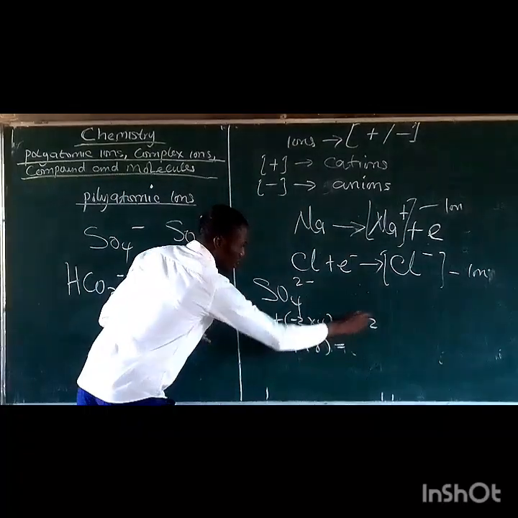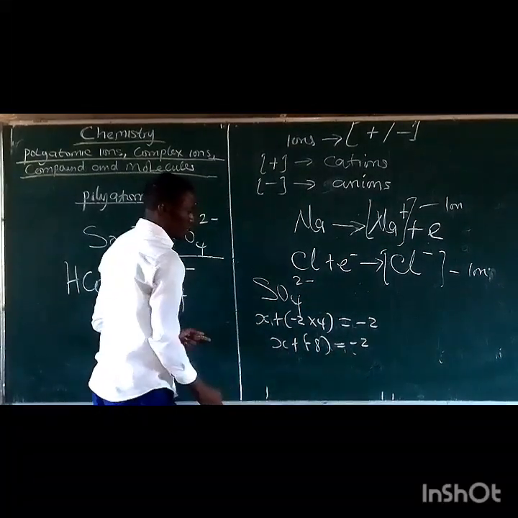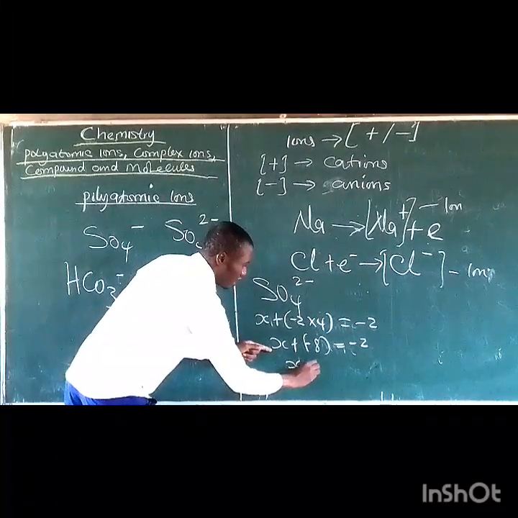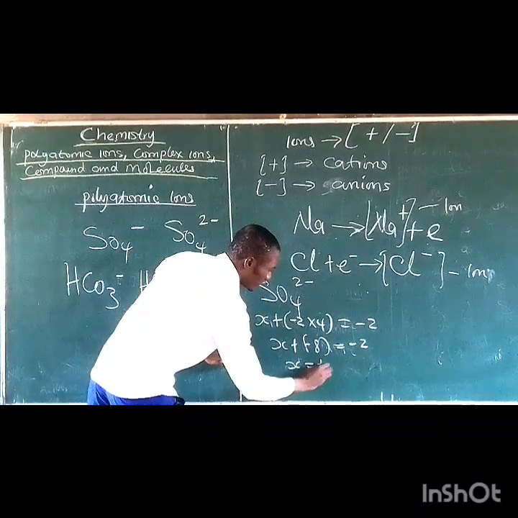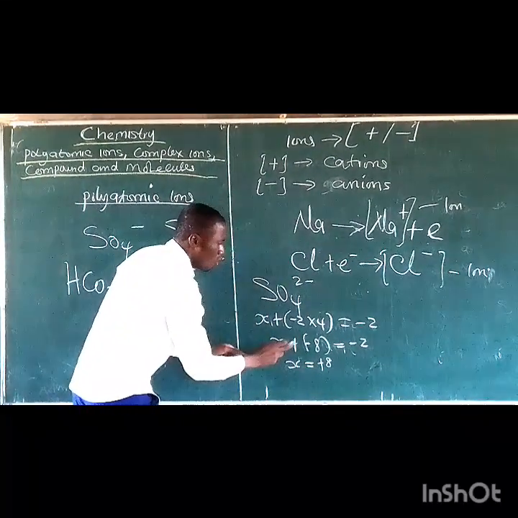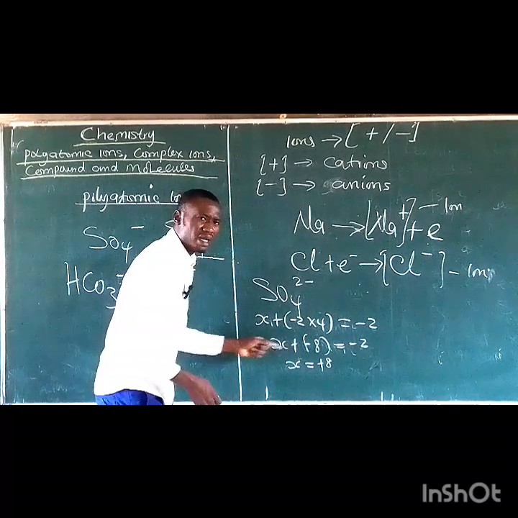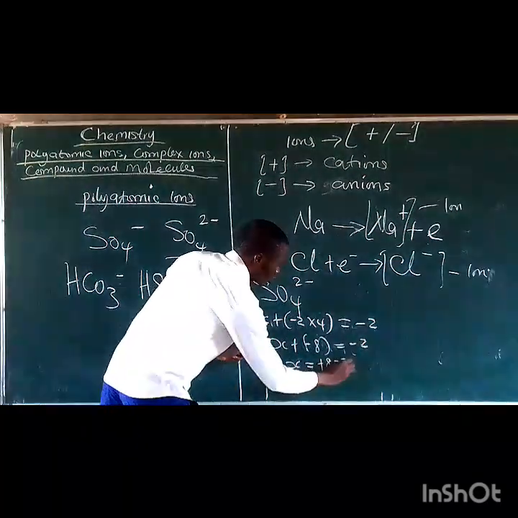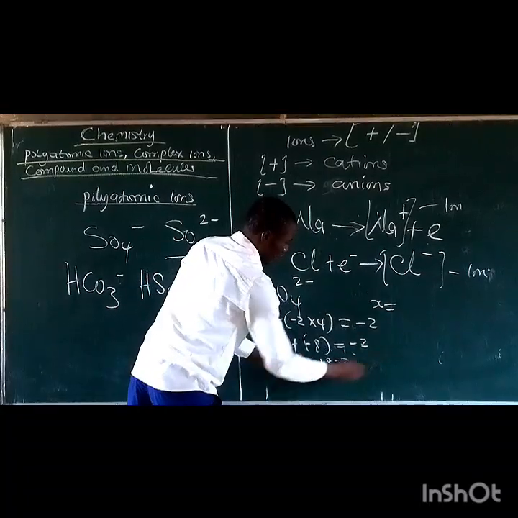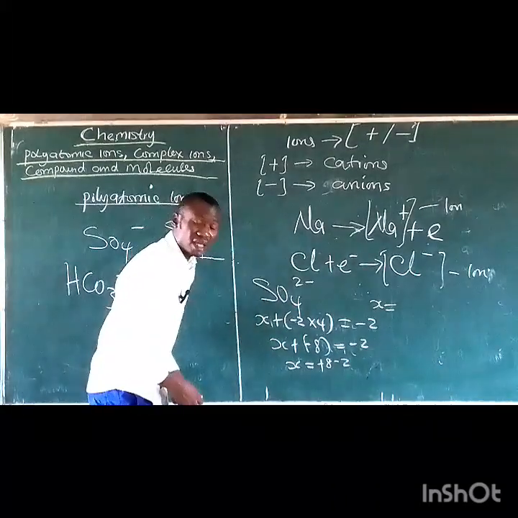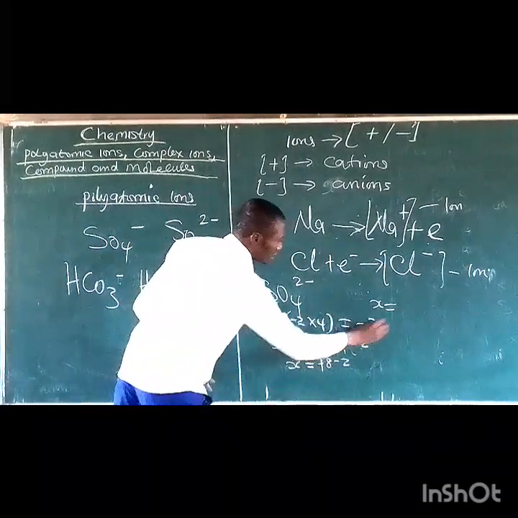Remember that the whole thing is equal to -2. If you leave X here and move -8 to the other side, you have +8. Now, there is a -2 already waiting for you down there, so X is equal to +8 minus 2, that is 6.